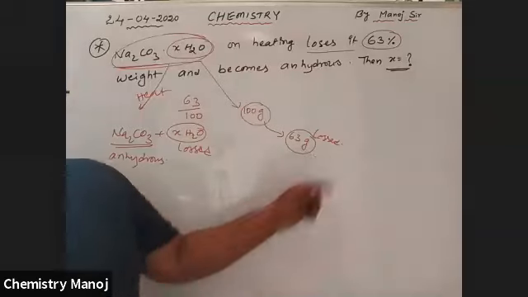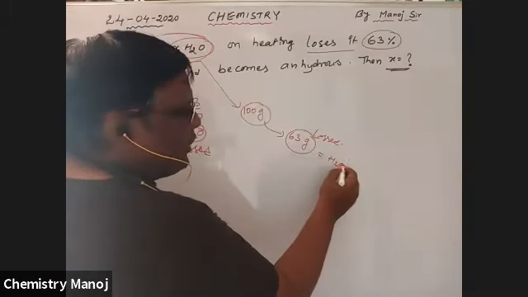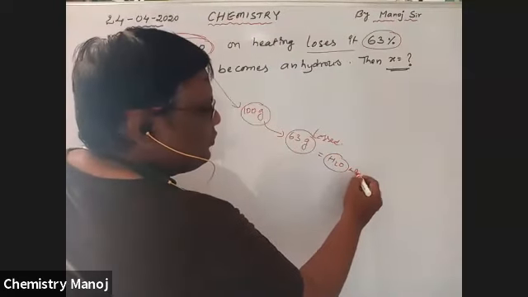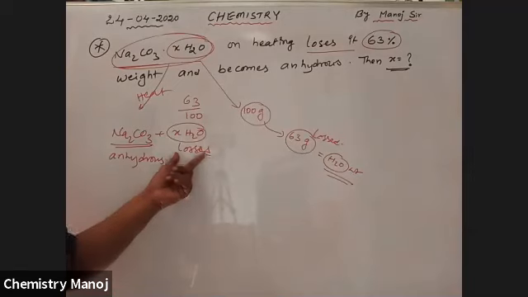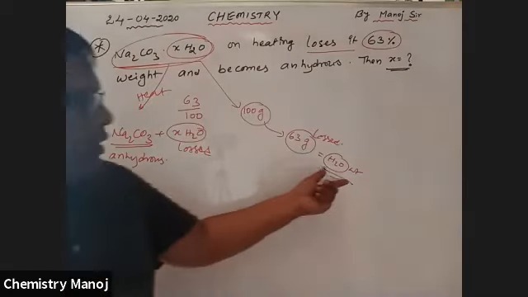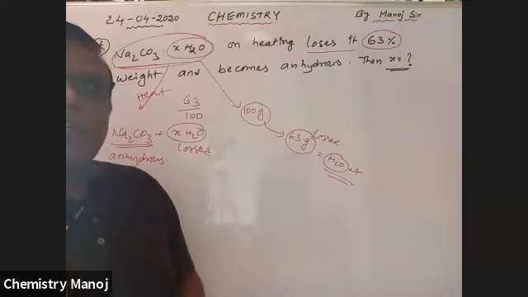From this, 63 grams is lost. So that means the lost weight is equal to water weight, because what is lost is water. The weight loss, that is 63 grams among 100 grams, is the water weight.